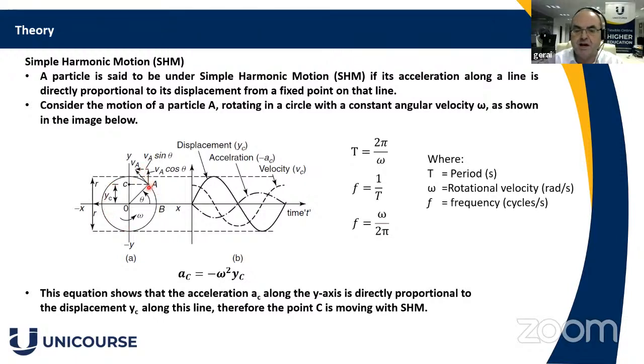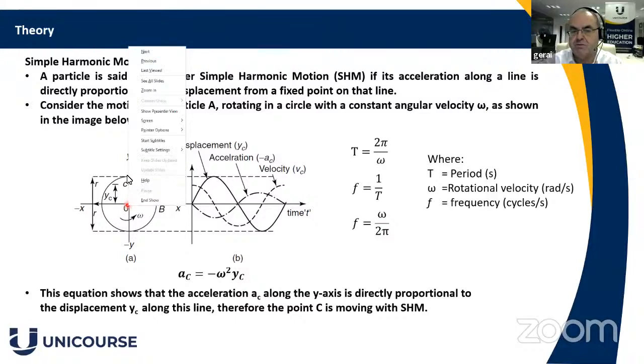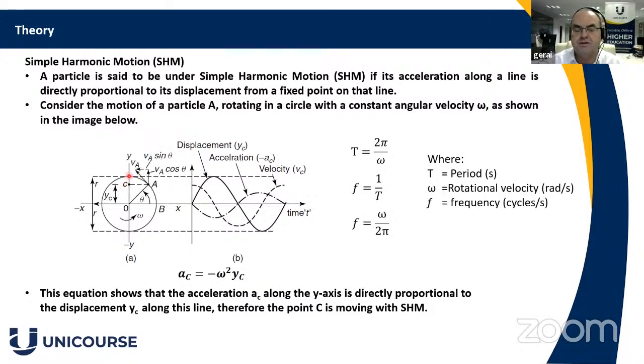That's point A, and point C is its position on the vertical axis. So that's point C there. And we're looking at the motion of point C from zero displacement to the maximum displacement in the vertical direction. And then we'll have the maximum displacement in the negative direction.